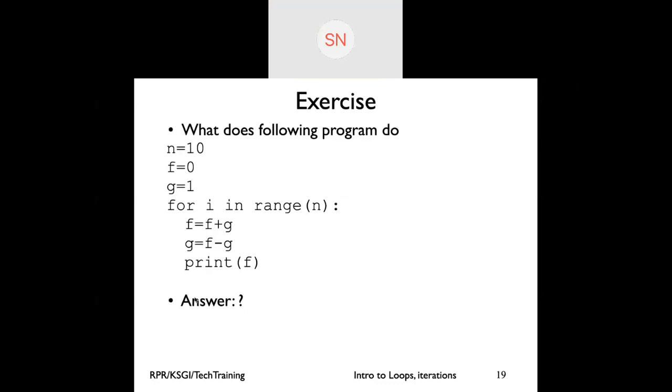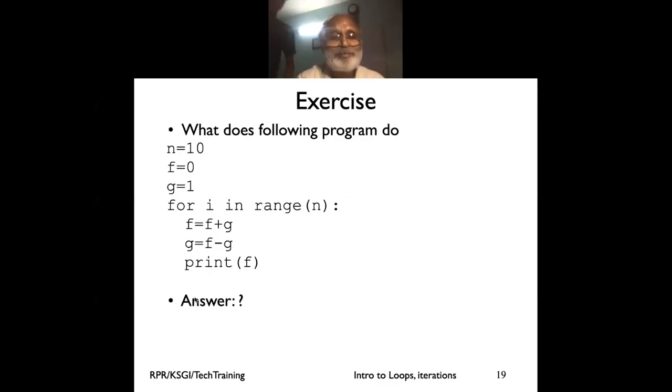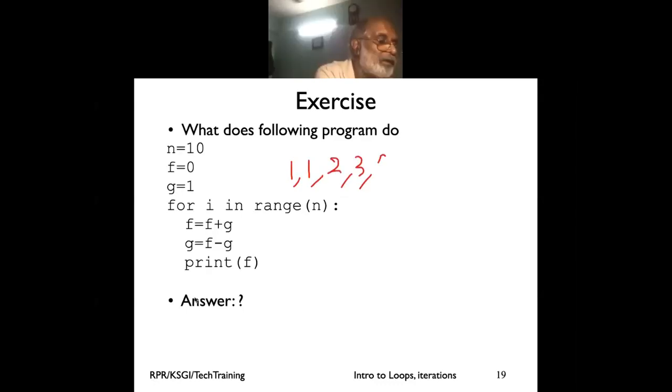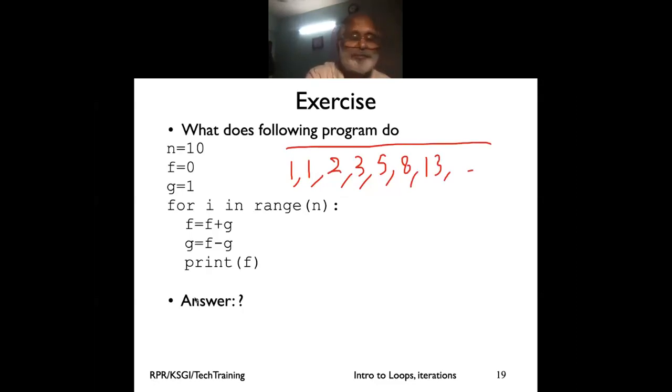What would the output be? 1, 1, 2, 3, 5, 8, and so on. Do you know what this series is called? 1, 1, 2, 3, 5, 8, 13, and so on. Fibonacci series. So adding the last two numbers is one way of writing the Fibonacci series.